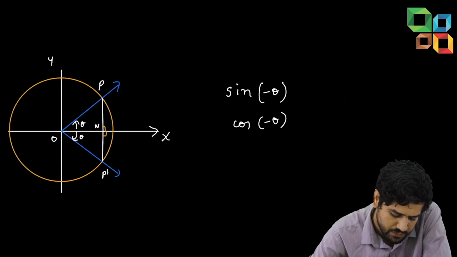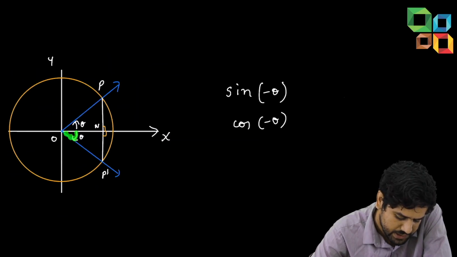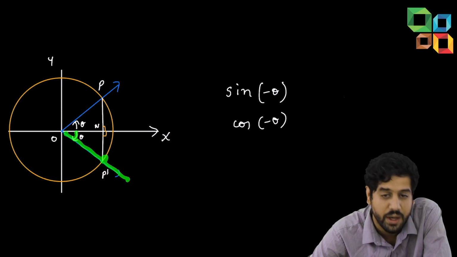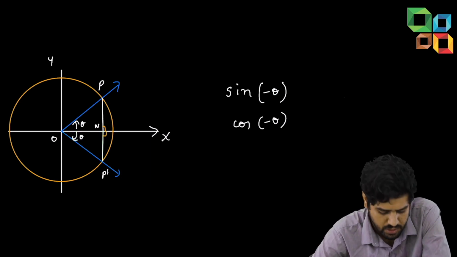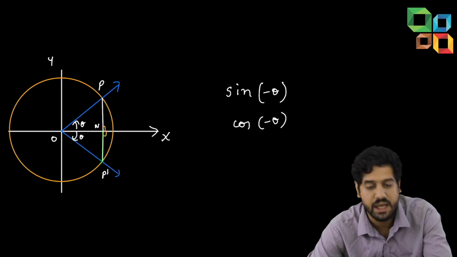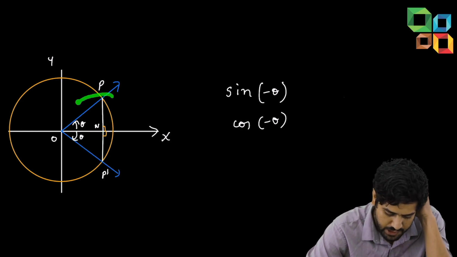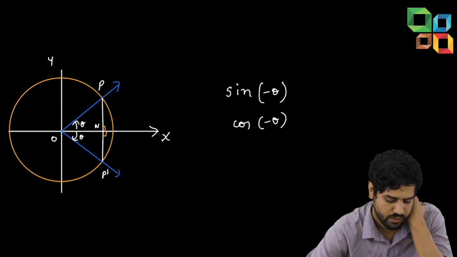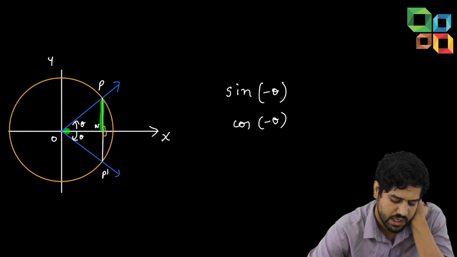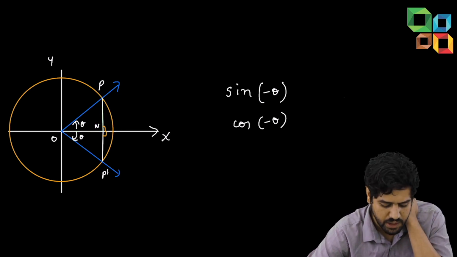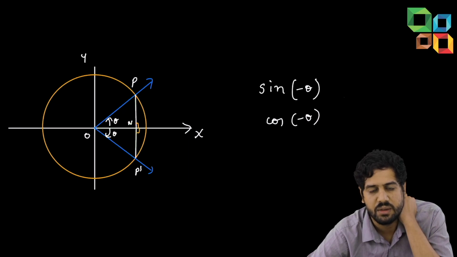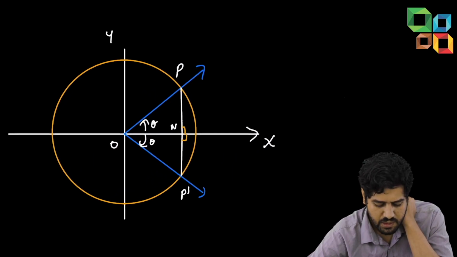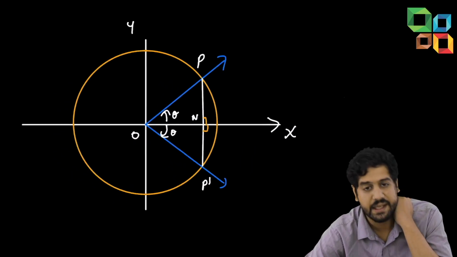Minus theta is this ray, so the y coordinate is this point, which is nothing but this length. But how much is this length? P dash N. Here we know this is sine theta, this is cos theta. Are these similar to this, or different? They will be exactly the same.